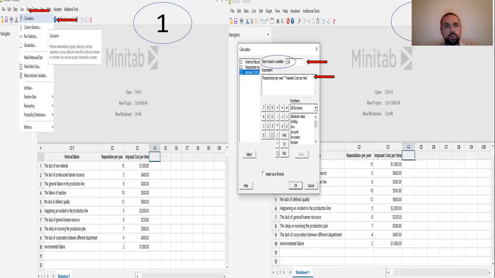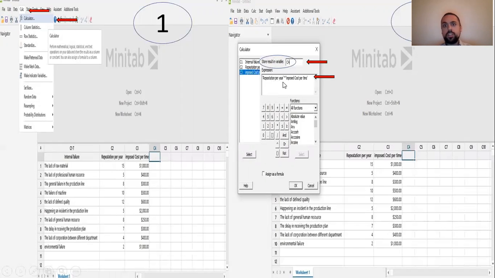If I want to do this, first I should go to the Calc tab and Calculator. After that, we have this calculator. Firstly, I need to specify where and which column it should go. For instance, in this way, I specify C4. It means store result in variable C4. After that, I select and specify the function.